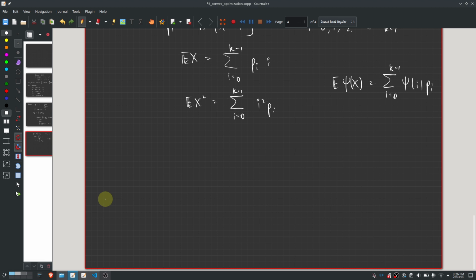Okay, now what kind of a function is the entropy, and why is it concave? H of p equal to summation i equal to 0 to k minus 1 of p_i log 1 by p_i is concave.